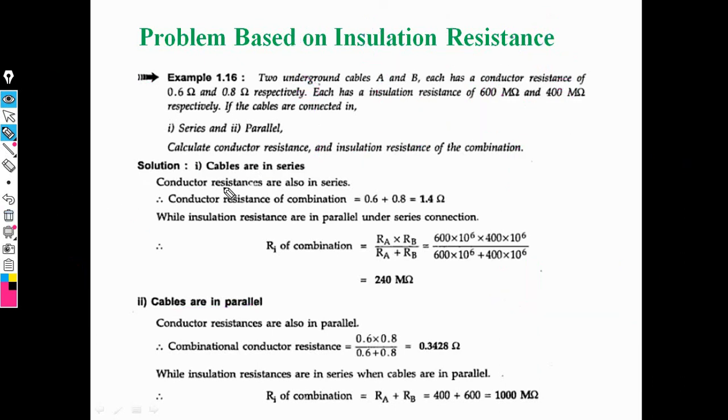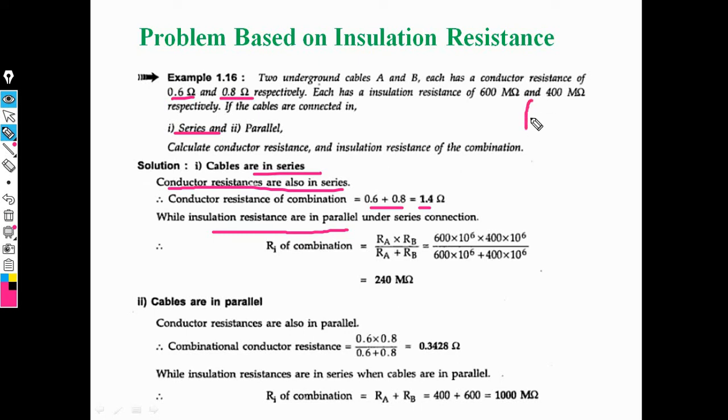Now, for the series connection, the conductor resistances are connected in series, so we add the two resistances, 0.6 and 0.8, and the conductor resistance is 1.4 ohm. In the series connection, the insulation resistances are connected in parallel.